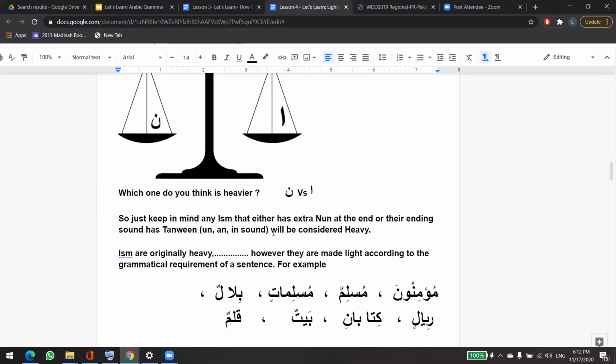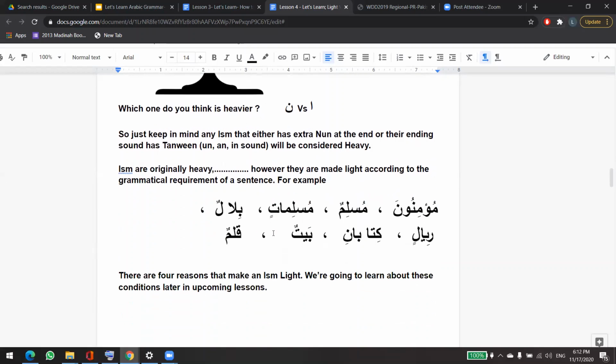So far, so good? Good, alhamdulillah. So one more thing. It's a fact that isms are originally heavy. Originally means that if you look at the dictionary, all isms originally are heavy.